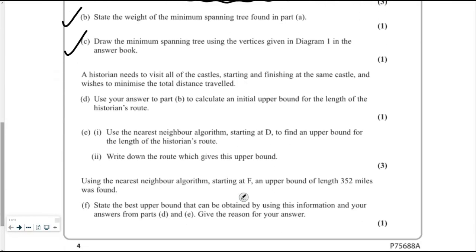So it says a historian needs to visit all the castles, starting and finishing at the same castle, and wishes to minimise the total distance. Use your answer to part B, so I've got to use the one I've got up there, to calculate an initial upper bound for the length of the tour. So this is the MST ×2. It's the only time it's appeared.